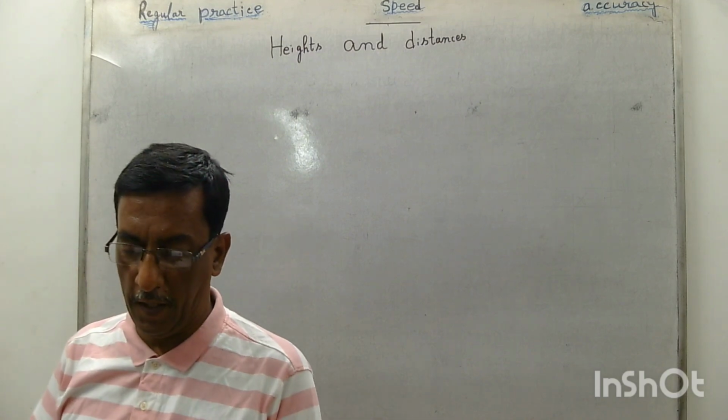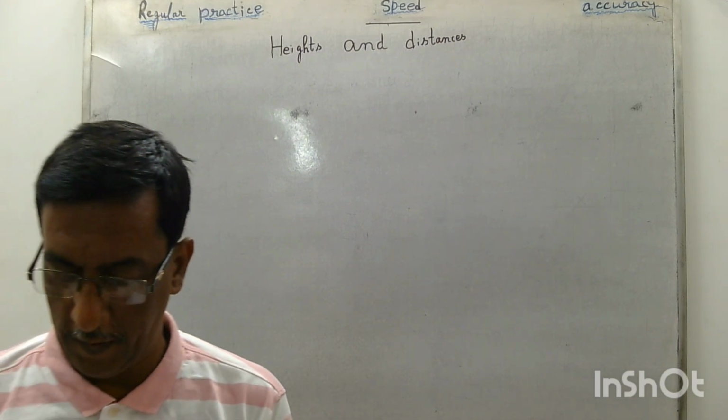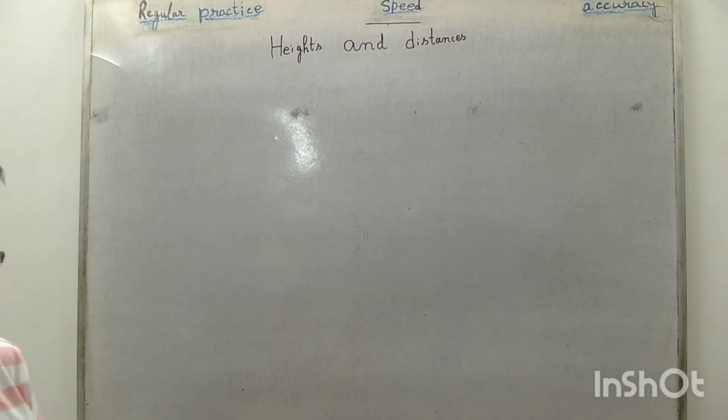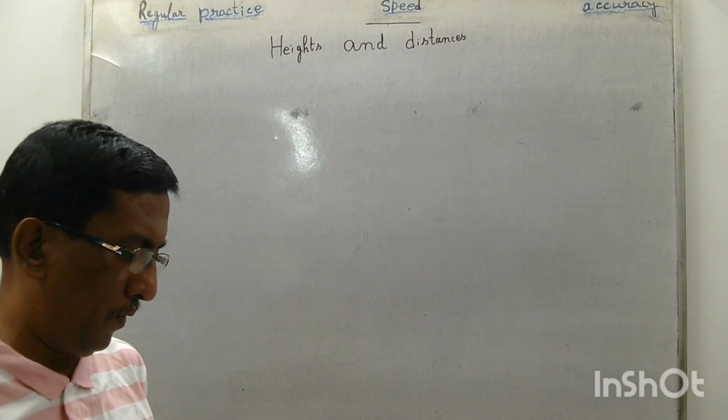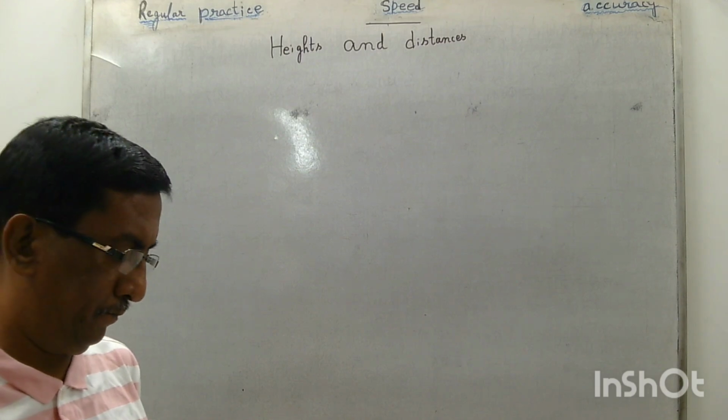क्वेश्चन नंबर 10 में क्या है? Question number 10 is a person observed the angle of elevation of the top of a tower as 30 degree.